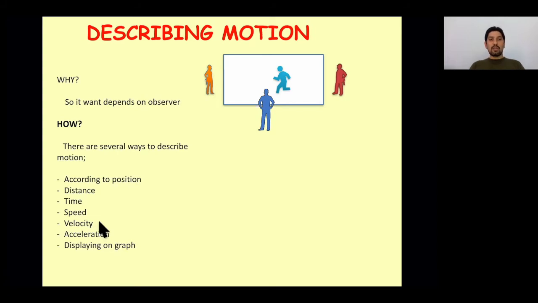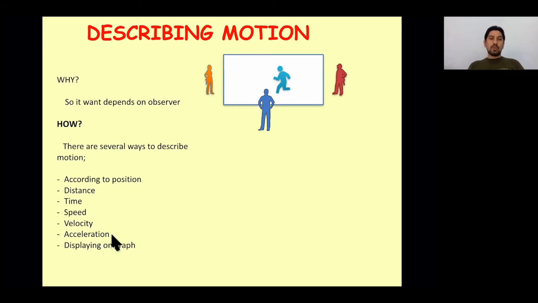We need to state the direction of the moving object. When we talk about the object's speed, the object is moving this much, but if we add a direction, so the object is moving from south to north or east to west, that means we are describing the motion by velocity.